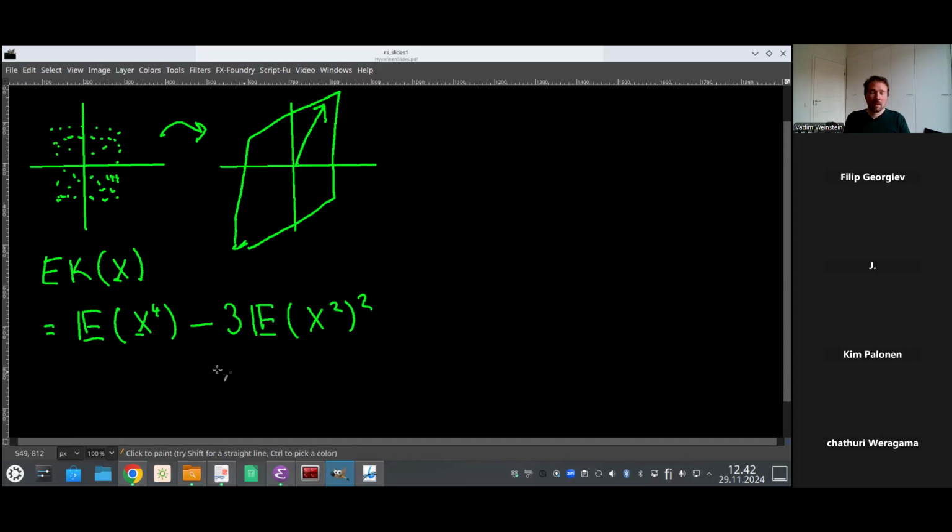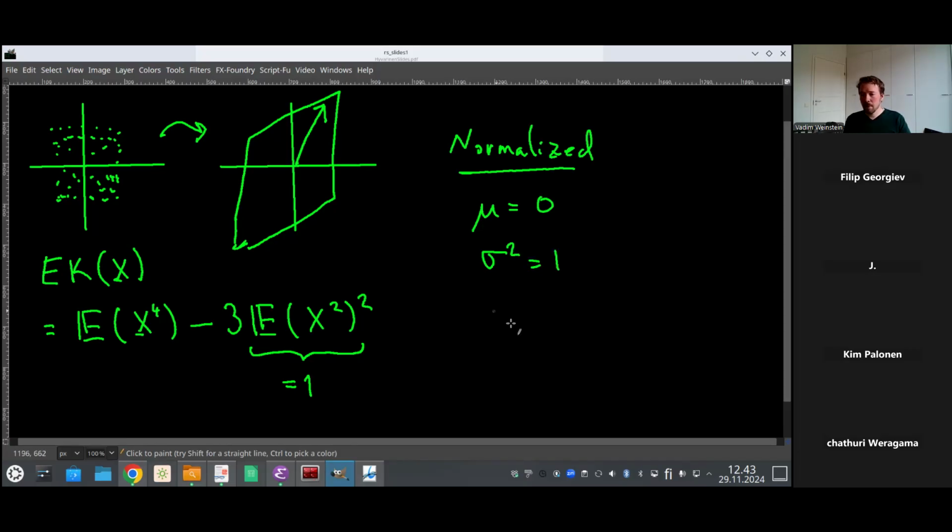But if we assume that the variance equals 1, so it's normalized, then this is just 3. By normalized, I will always mean that the mean is 0 and the variance is 1.